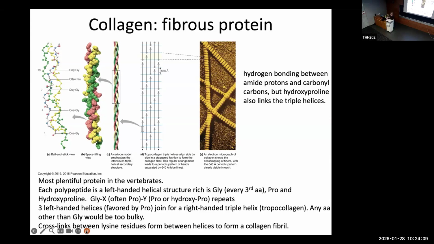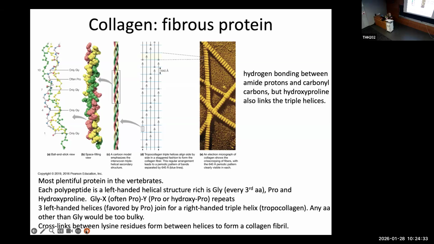Now, in building a collagen molecule, 3 collagen polypeptides come together and interact in this sort of twisted structure here, which turns on itself in a right-handed way. So this is a triple helix called a tropocollagen.